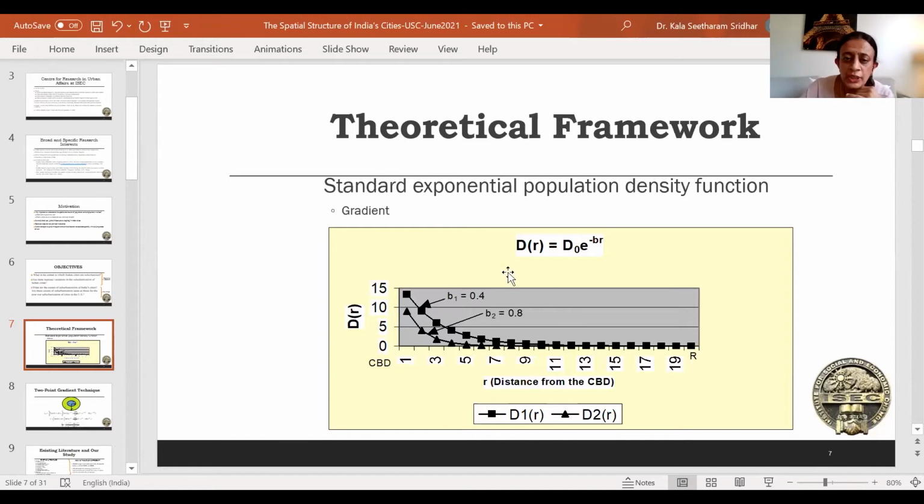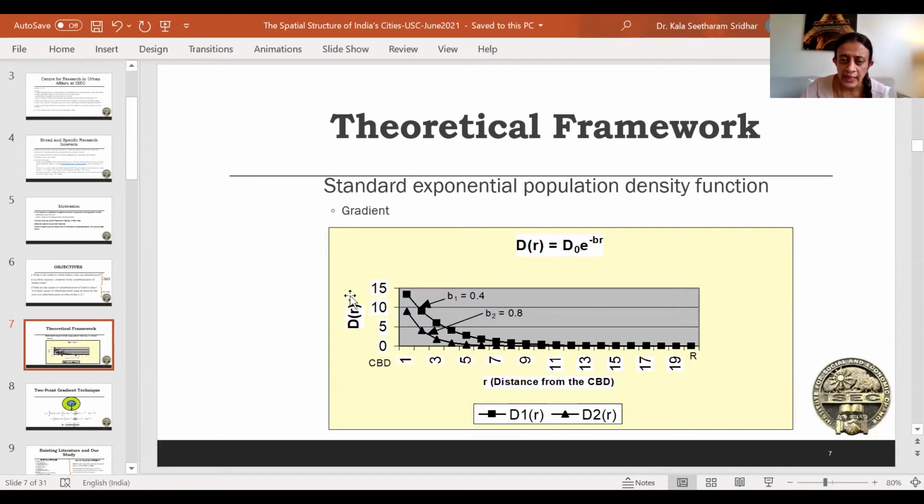Everybody is able to see this picture, right? This picture should be viewed as one quadrant of a circle. The city is assumed to be of a circular shape. This is the central business district, 0 miles from the city center, and this is the edge of the city. We have two curves here for two different cities, showing the spatial distribution of population.